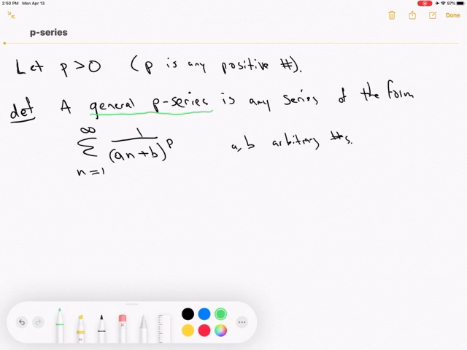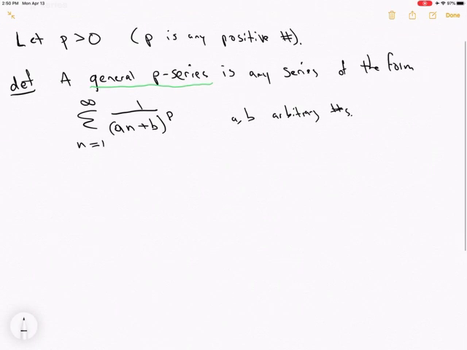And a specific type is, if a is equal to 1 and b is equal to 0, then the series you get looks like this.